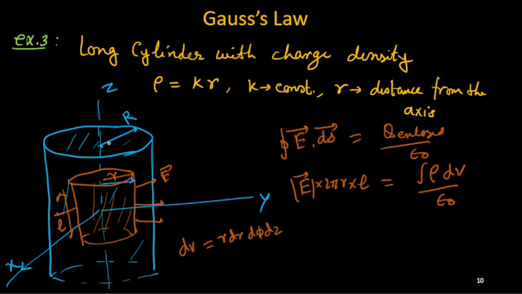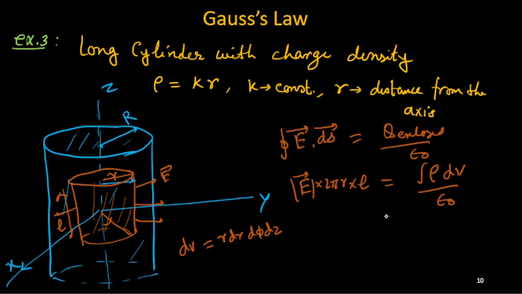So phi is the angle with the x-axis, and height is z, and r is the radius. Okay, so this is the elemental volume in the cylindrical coordinate system, r dr d phi dz.